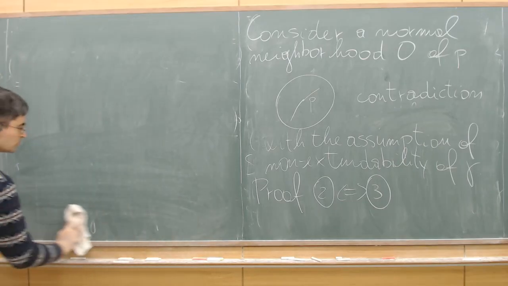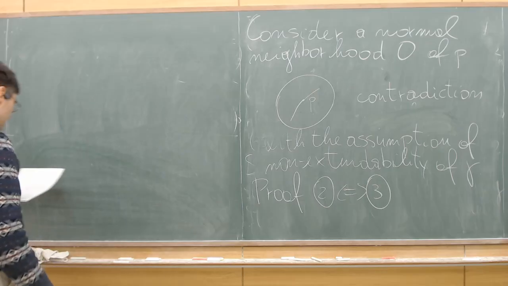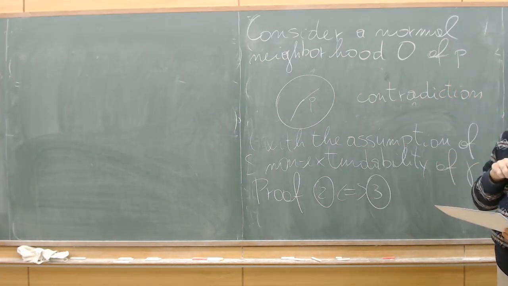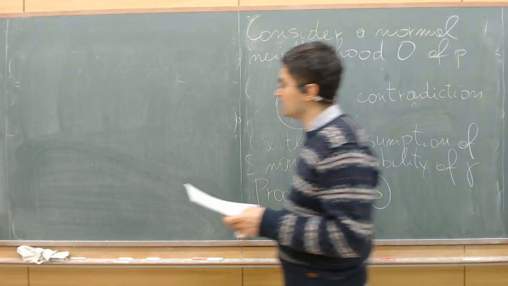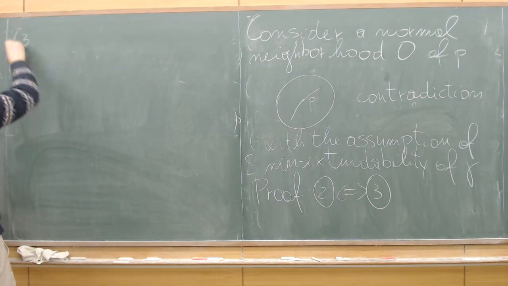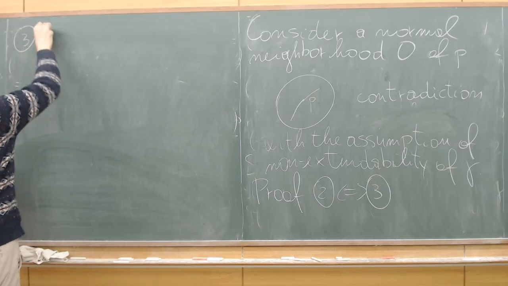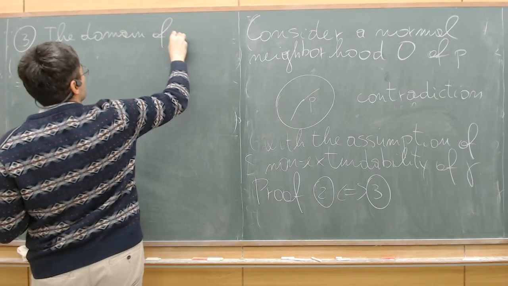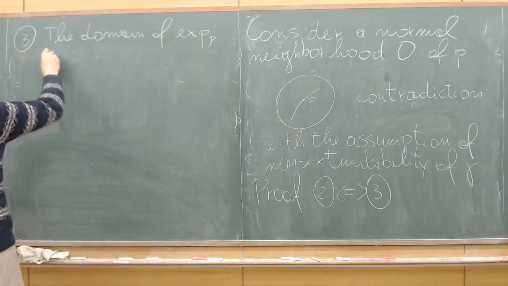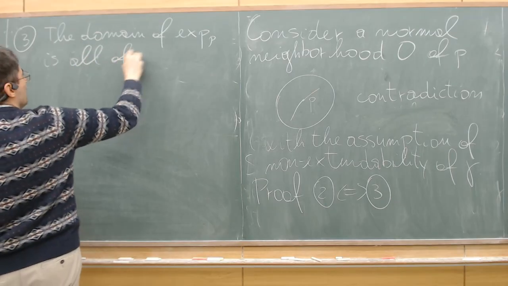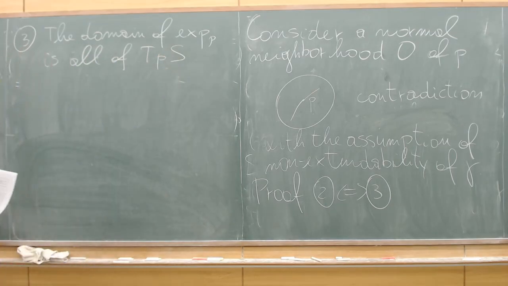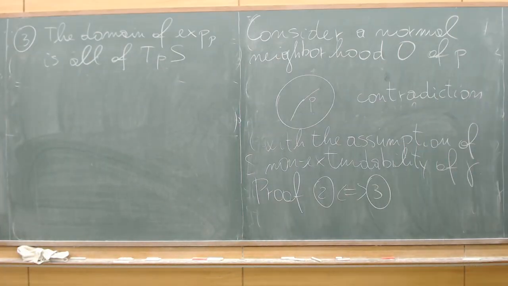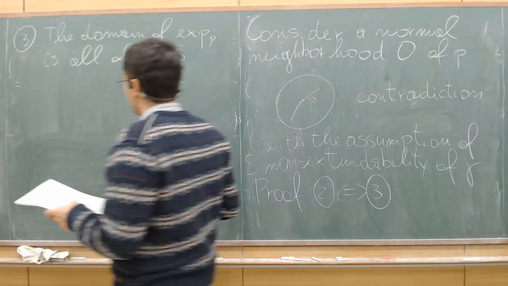The statement 2 is the one about the extendability of the geodesic on the real line R. Instead, the statement 3, I want to recall it, is that the domain of the exponential map at P is all of TPS. The equivalence between 2 and 3 follows from this formula.